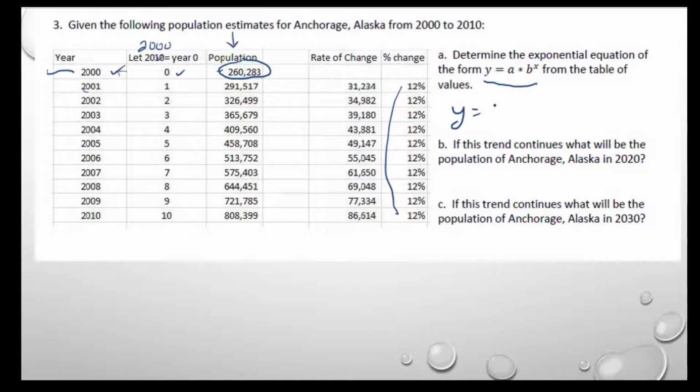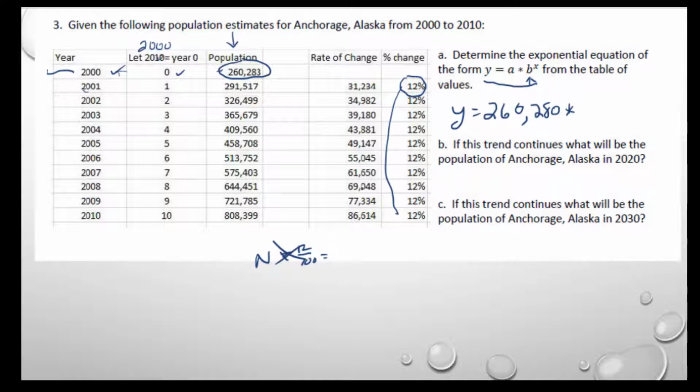So that's 260,283 times the growth factor. B is the growth factor. Now, B is not 12%. 12% means 12 out of 100. If you take any positive number and multiply it by 12 out of 100, you're not going to increase it by 12%. You're going to decrease it.